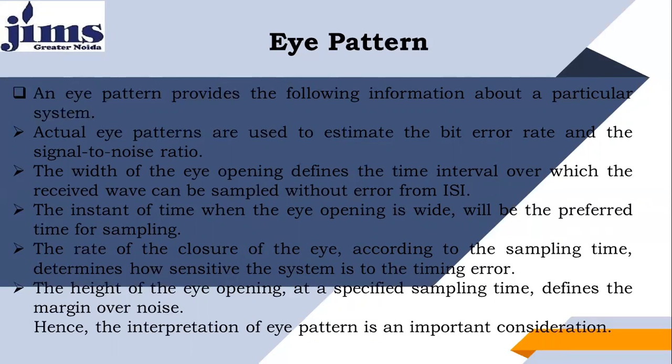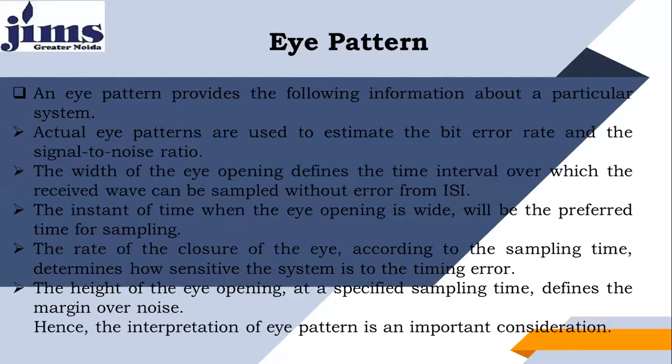The width of the eye opening defines the time interval over which the received wave can be sampled without error from ISI. Next, the instant of time when the eye opening is widest is the preferred time for sampling.